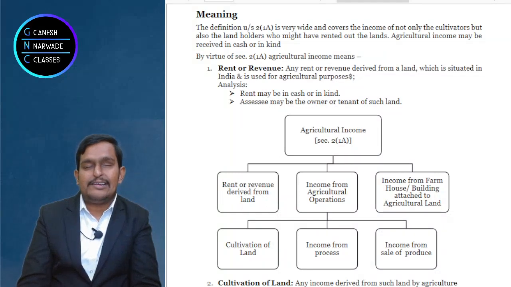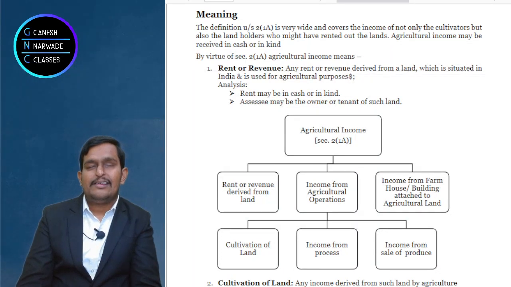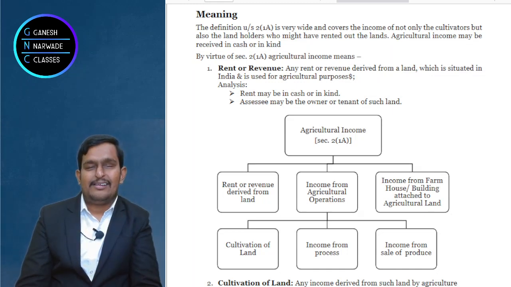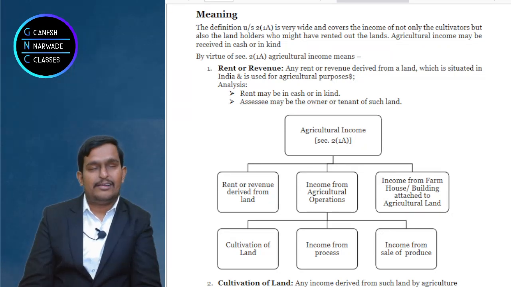Okay. So on agricultural income, central government cannot levy tax, state government can levy tax. And what income tax we are discussing is central government's income tax. So that's why for central government's income tax purpose, agricultural income is exempt under section 10.